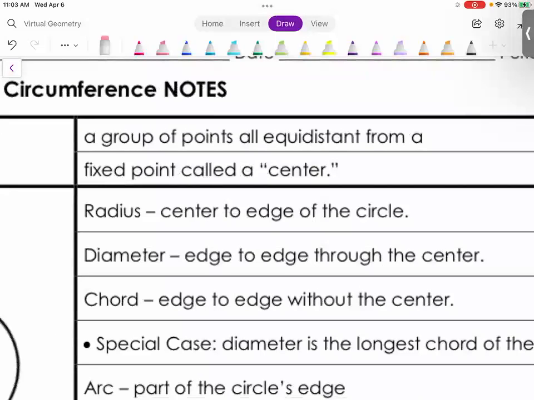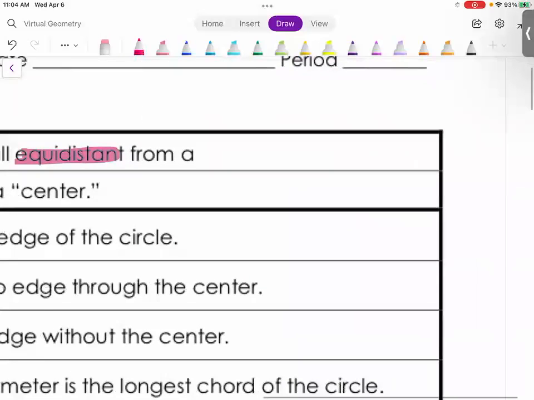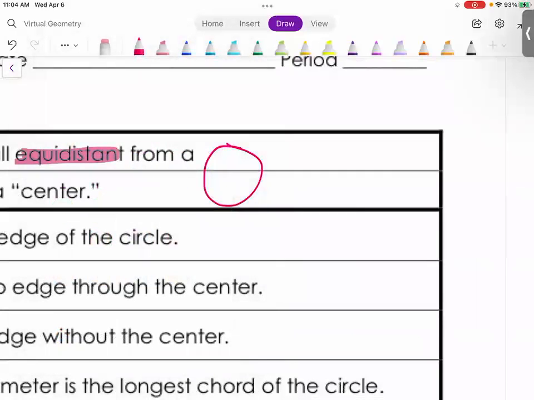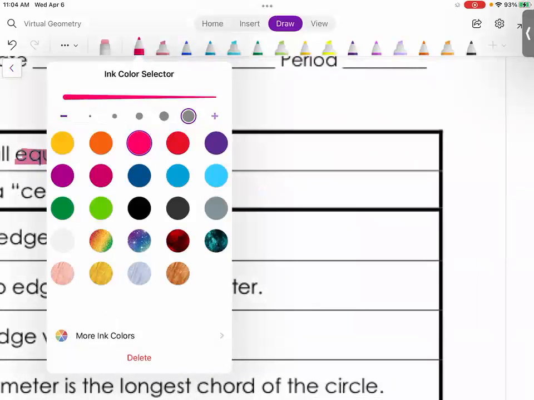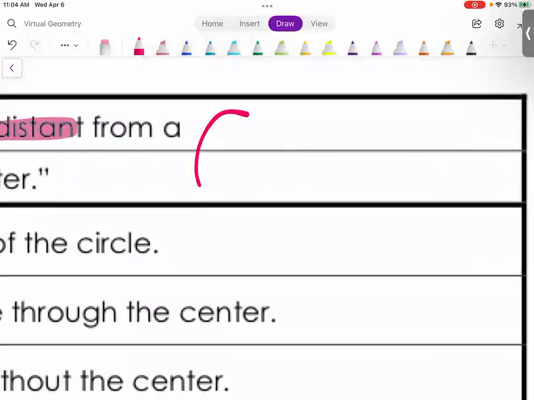Well, like it says, a circle is a group of points that are all equidistant from a fixed point, which is called our center. Now, when we name circles, we have to use a very specific symbol. And that is our circle symbol here, with a dot in the middle.